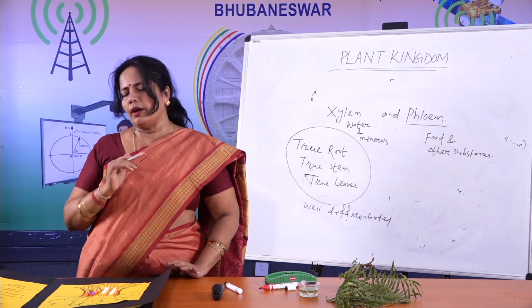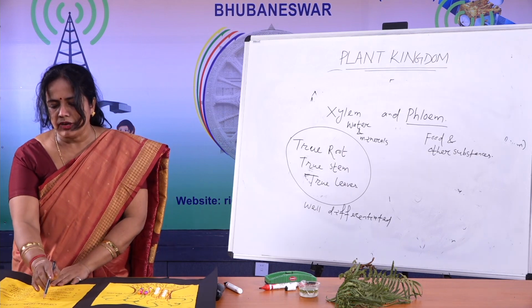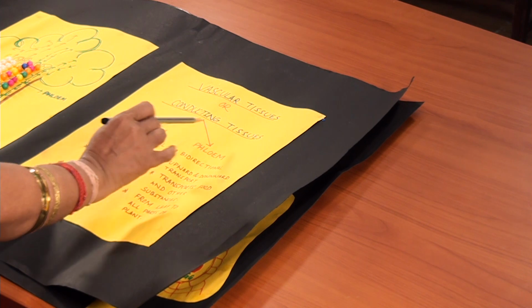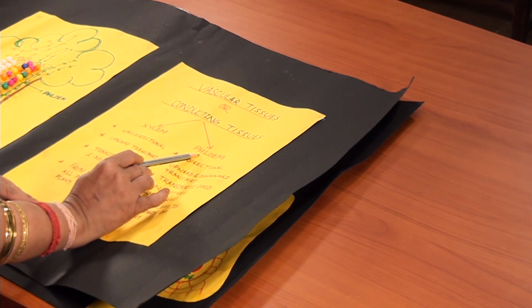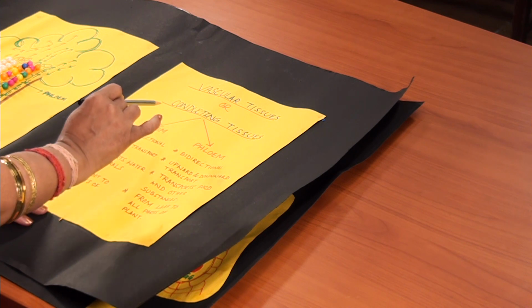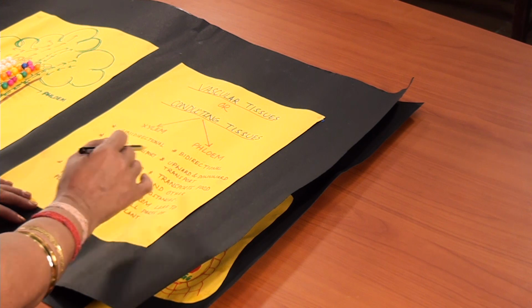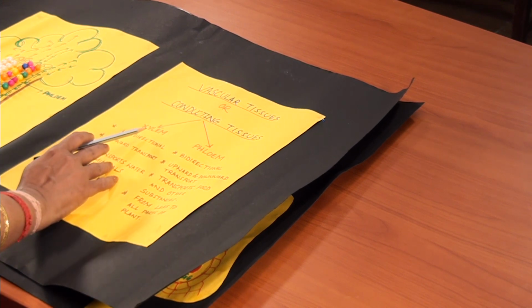Got it? Now let's see here. Here you see vascular tissues or conducting tissues. They are of two types, xylem and phloem. Okay? Xylem for water and minerals, phloem for food and other substances. So xylem transport is unidirectional. Why?